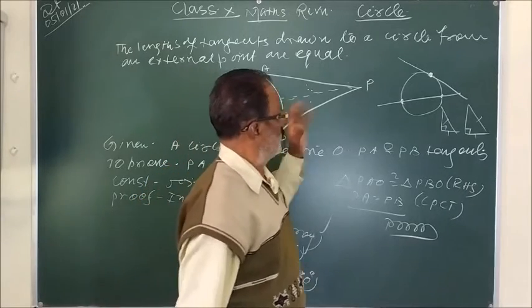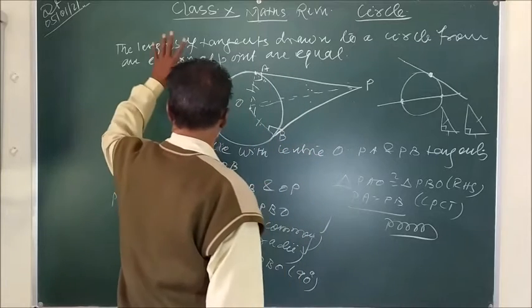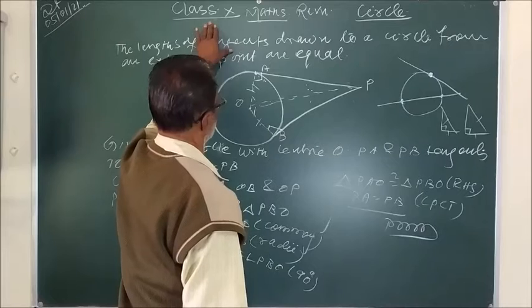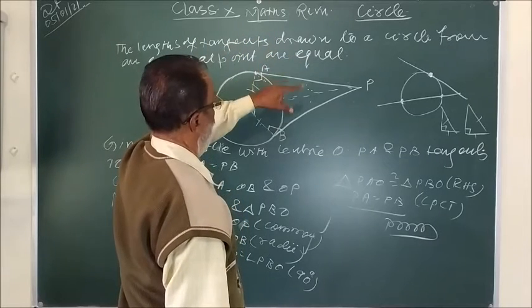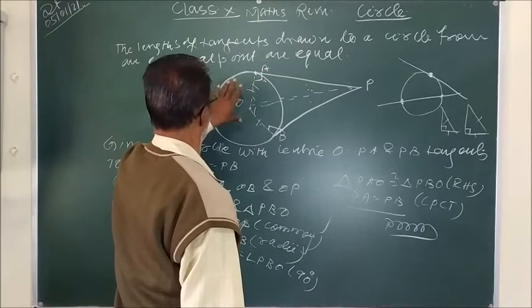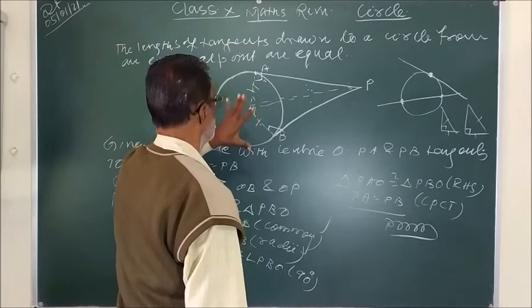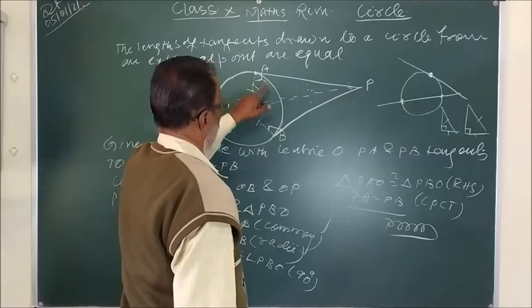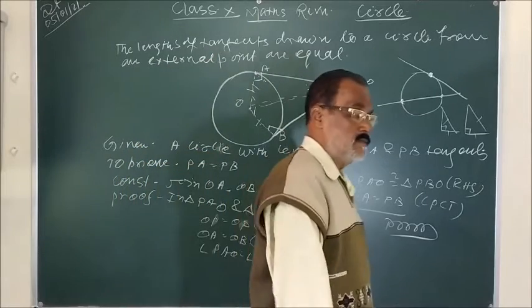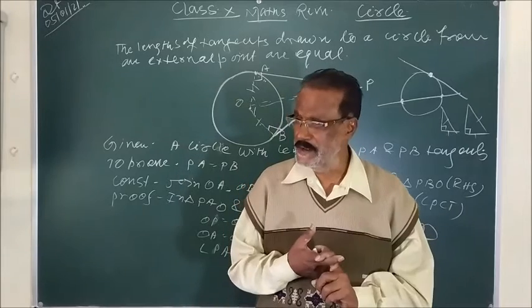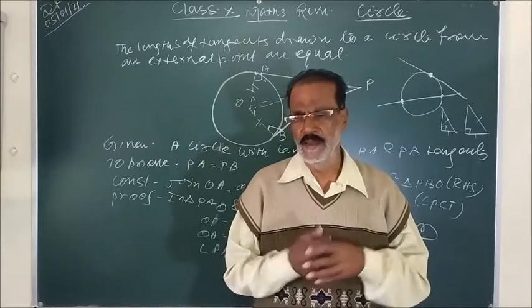So once again you see the statement: the lengths of tangents drawn from an external point to a circle are equal. This is a theorem. And the first theorem, as I told you, is that the radius is perpendicular to a tangent in a circle.